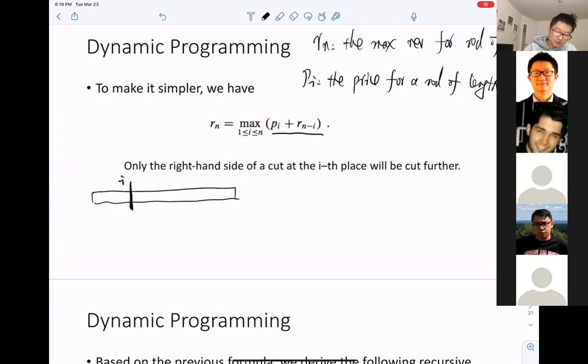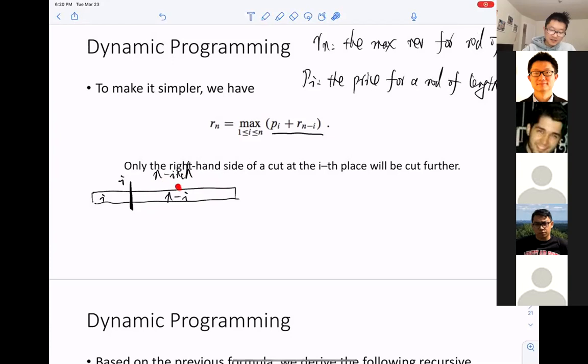It means that we are able to get a rod of length i inches on the left hand side, and on the right hand side, what is the length of the red part? N minus i. Yes, n minus i. Cool. N minus i inches.